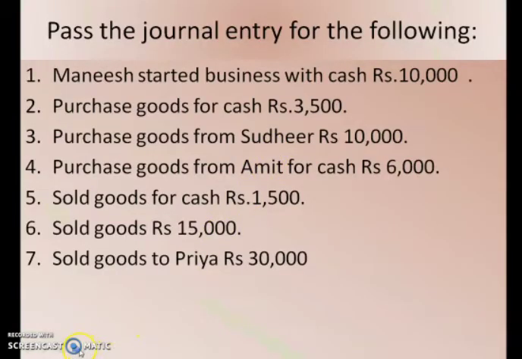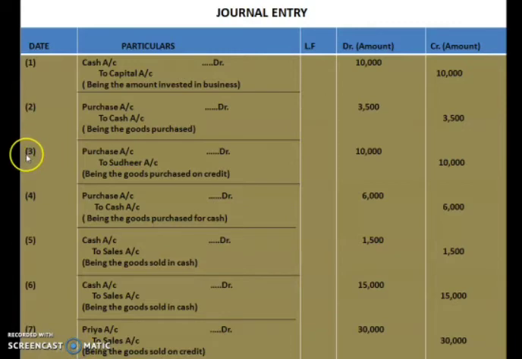Now just look into the journal entry. Third journal entry. Because it is a purchase, purchase account will be debited with 10,000, which is given in the question, to Sudhir account. Sudhir is our liability because we made a credit purchase from him. We have to make the payment for that purchase.